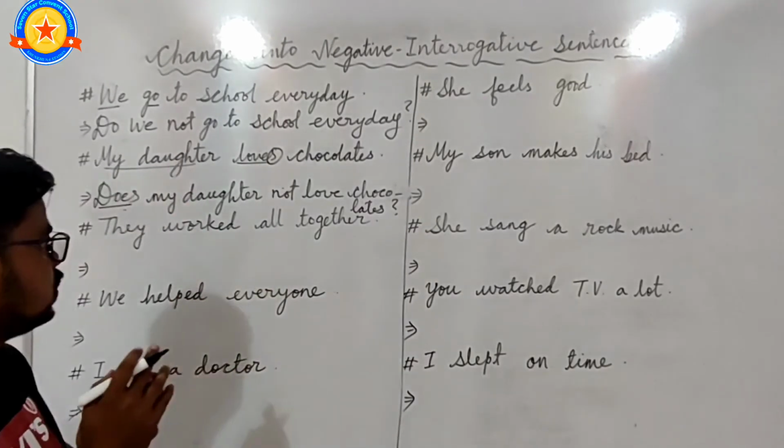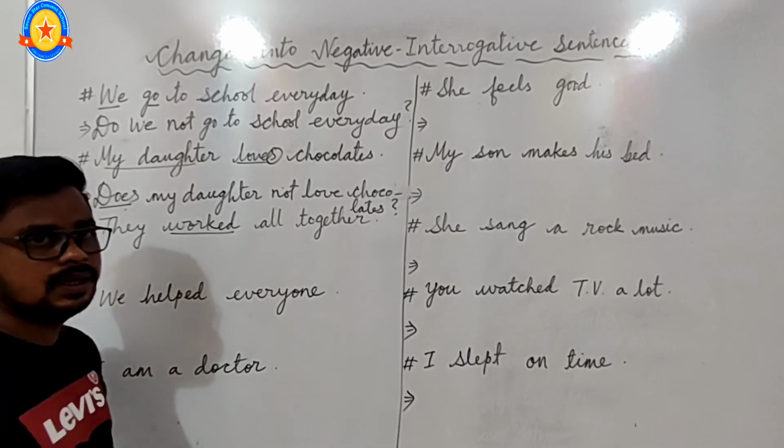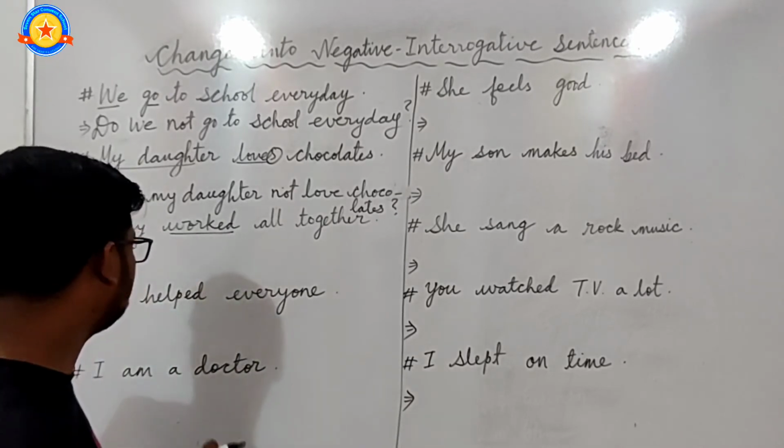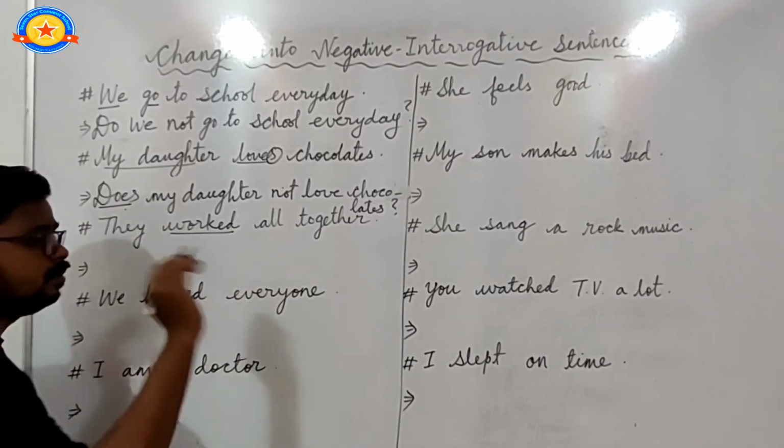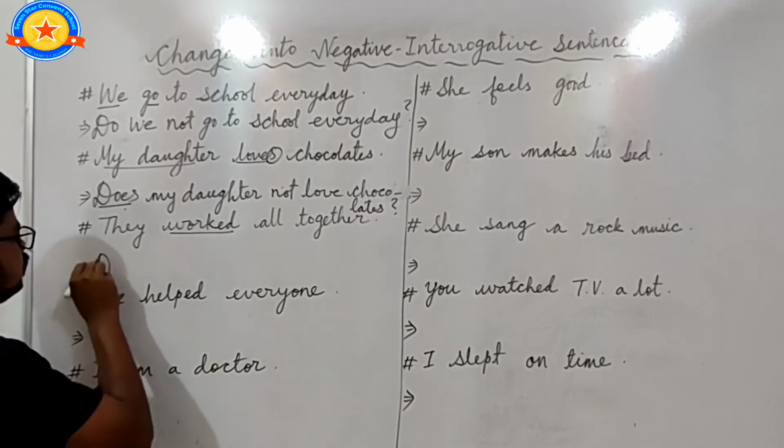Our next question is: They walk all together. This sentence is simple past tense because the verb is written in second form. The be verb we use in simple past tense is did.